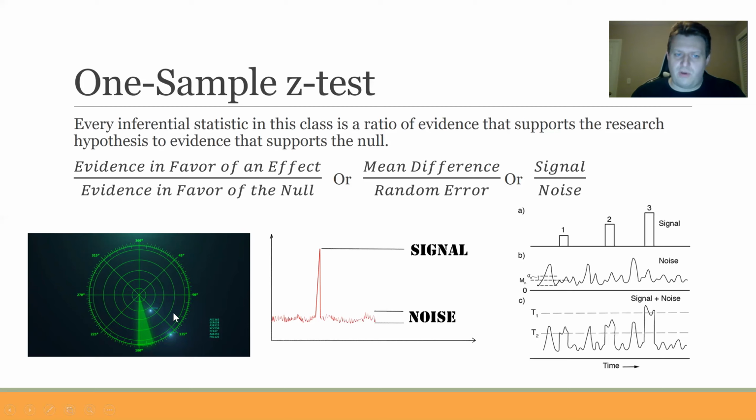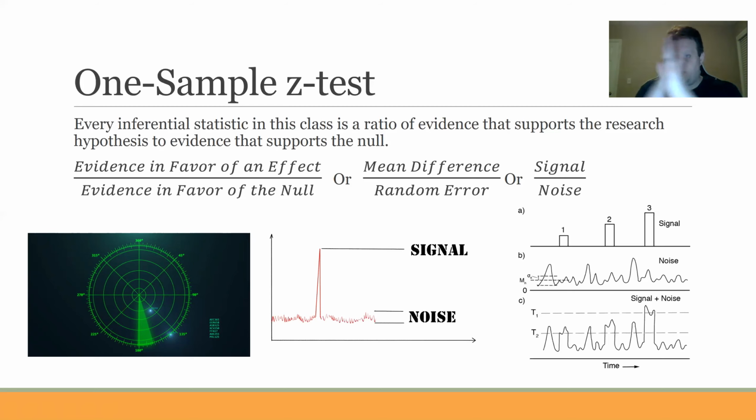So you've got your sonar, and the way that sonar works is there's all these kind of bleeps and bloops that are going around. There's all of this noise, but it's your job to tell if the bleep and the bloop is so significant, it's so large that it actually is an enemy vessel. All right, so you have to tell the difference between the signal and the natural amount of noise that is going on. And that's what we're doing here with null hypothesis significance testing.